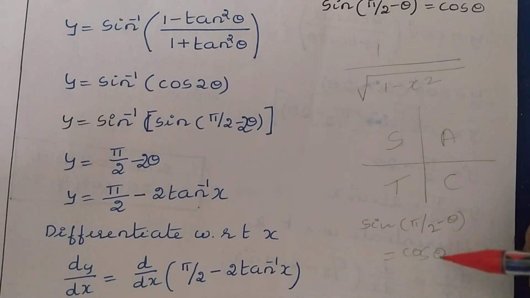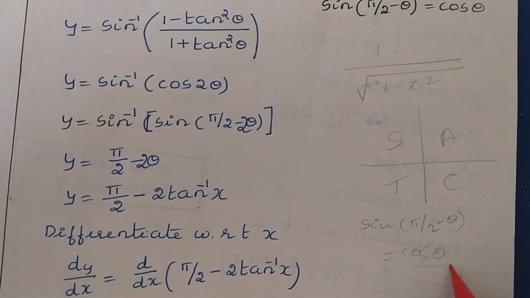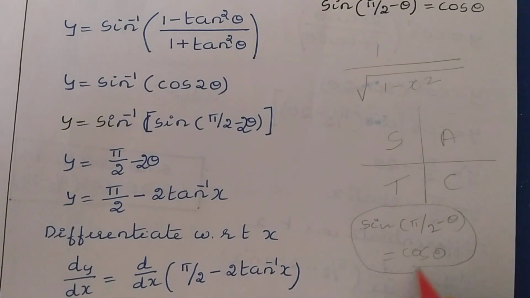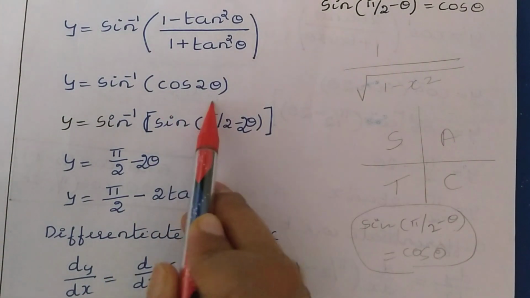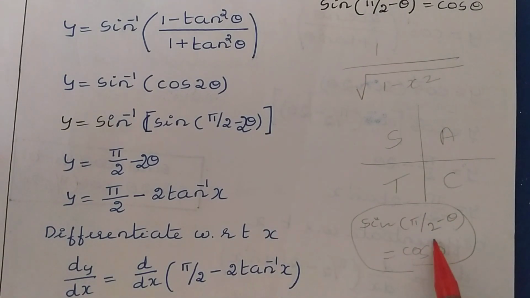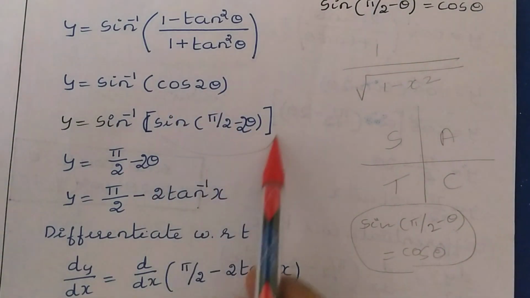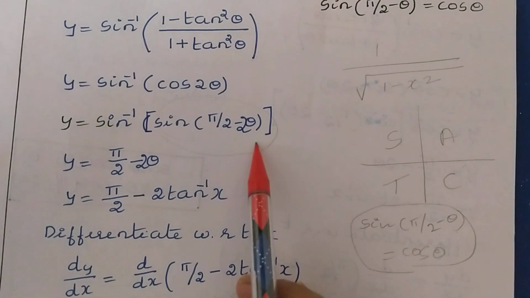Then we have theta here, so theta you need to write. And in first quadrant, all the trigonometric functions are positive. So we get cos theta. Here now we have cos 2 theta, that means this theta you need to replace with 2 theta. So cos theta is equal to sine of (pi by 2 minus theta), so cos 2 theta is equal to sine of (pi by 2 minus 2 theta).